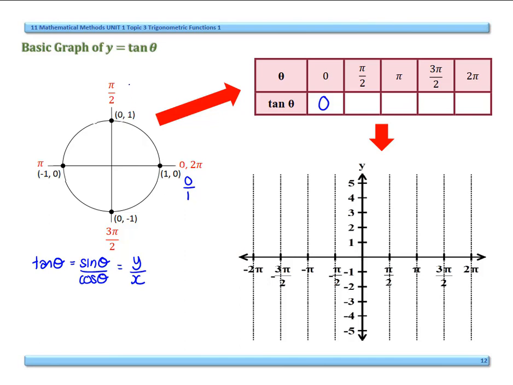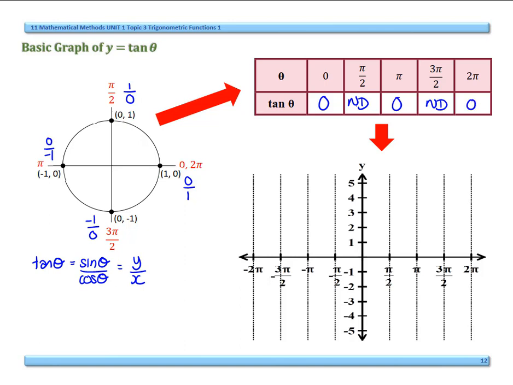At pi on 2, y divided by x is not defined. At pi, y divided by x is 0. And at 3 pi on 2, y divided by x is not defined. And then we're back at 0.